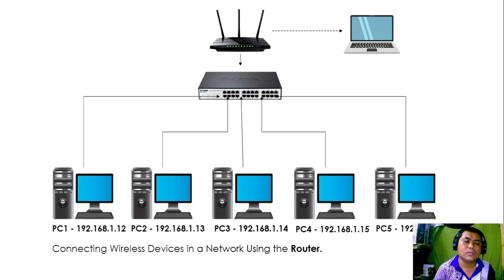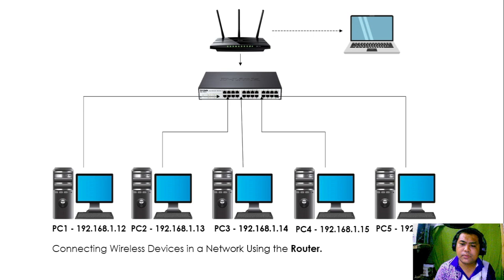That is what it throws down to the computers in our local area network. So the IP address of the router becomes our default gateway when we are connecting to the internet. That is the purpose of the router.